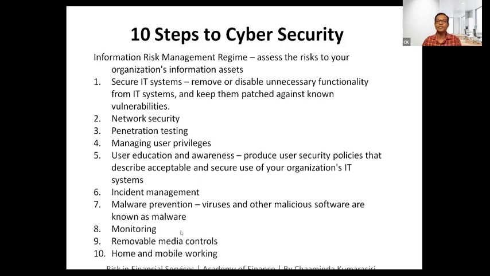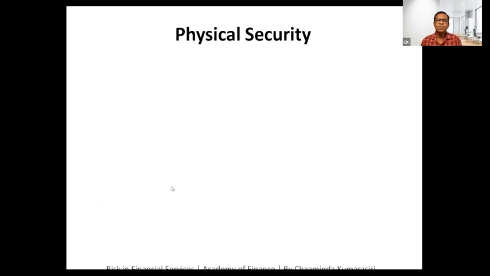And in the current context, this is another important area, home and mobile working, because now after this pandemic, we have started the trend of working from home. So when you work from home, how do you safeguard your information security and the secrecy of data? So that's an area to look at.